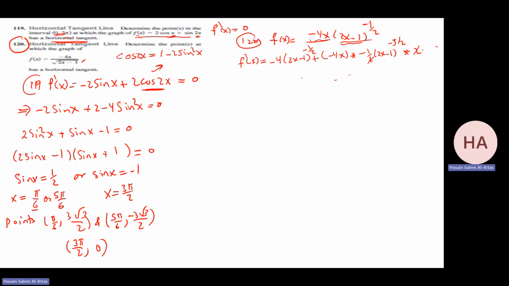So this cancels. Now I take minus 4, 2x minus 1 to the power minus 3 over 2 as a common factor. I'm getting here 2x minus 1, and here I'm getting minus x. So that will give me minus 4 times x minus 1 over the square root of 2x minus 1 cubed.